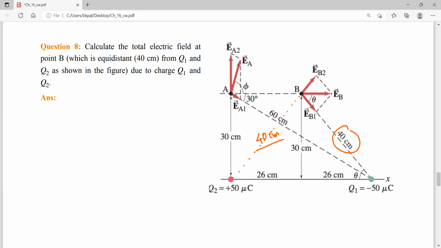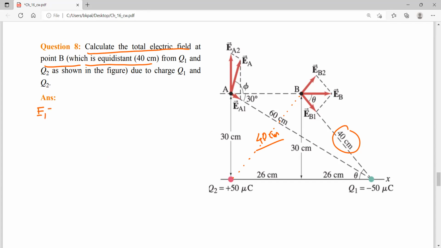So here we calculate the total electric field at point B, which is equidistant from Q1 and Q2, both 40 centimeter. The strategy is exactly the same as the last problem, but the magnitude and direction will be different because the point is different. So let's try.